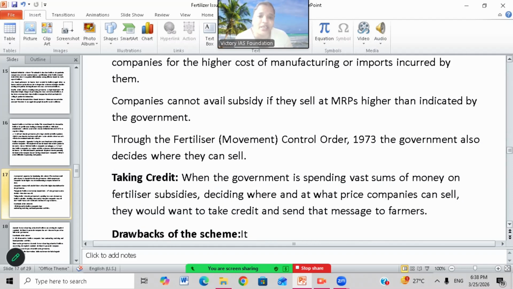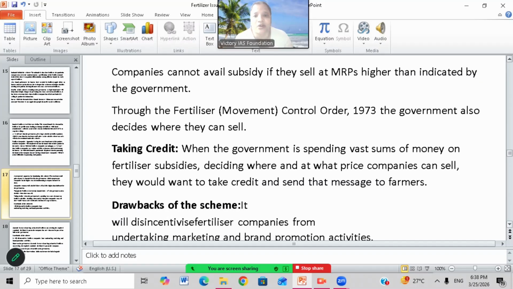Even though the companies are selling the products at an MRP higher than indicated by the government, and they are not giving subsidy anymore, they tell that they have imported the product from abroad or there is high cost of manufacturing.